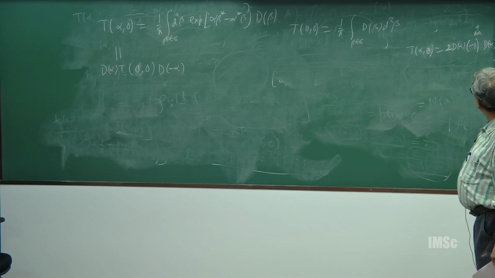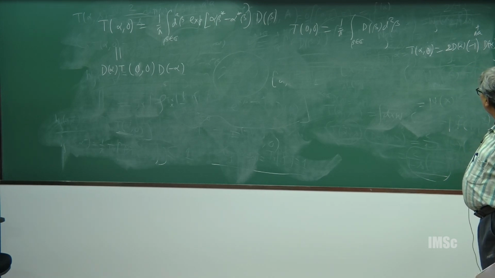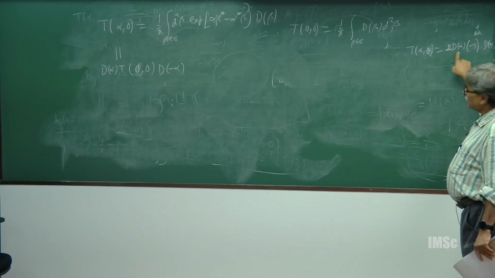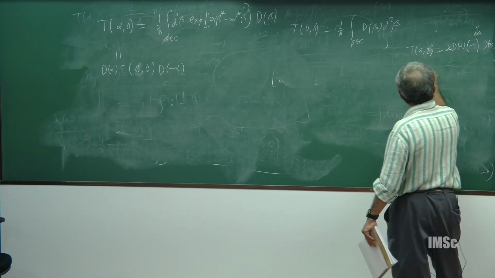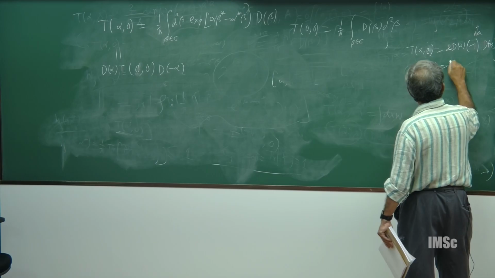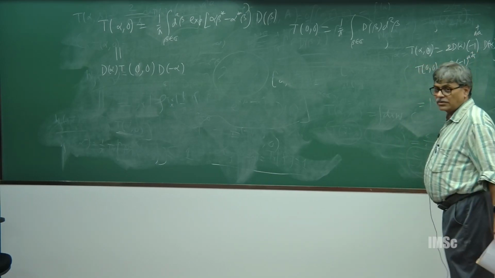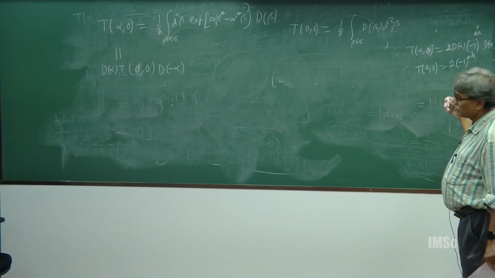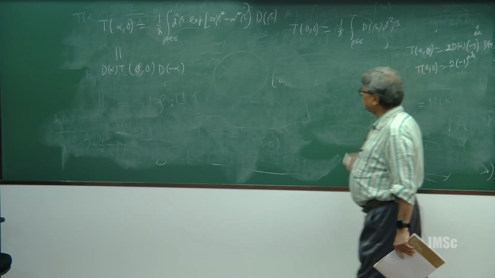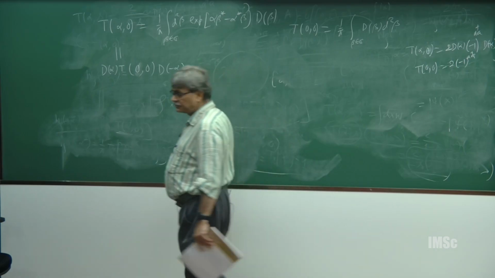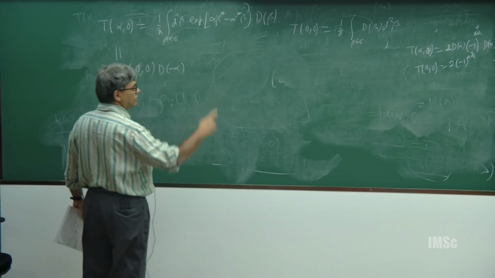So if you put this in, then T of 0 0 will be 2 times minus 1 to the power a dagger a. Yeah, that's it. And this is 2 times the parity operator.